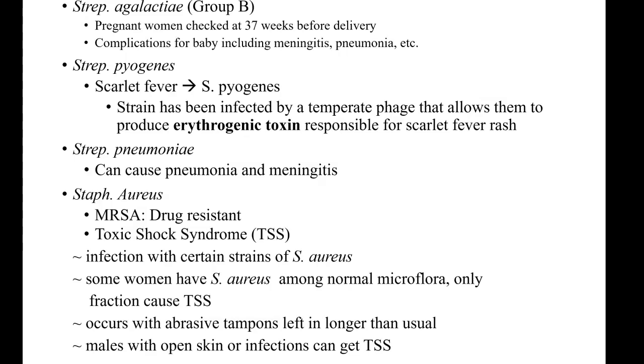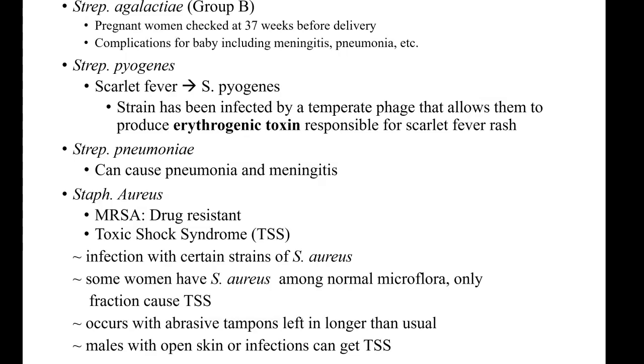Another disease which is caused by a particular strain of Staph aureus is toxic shock syndrome. And this is only infection with certain strains. We usually hear about toxic shock syndrome warnings on tampon boxes. They say if those absorbent tampons are left in for a long period of time, it creates conditions for that bacteria to flourish.